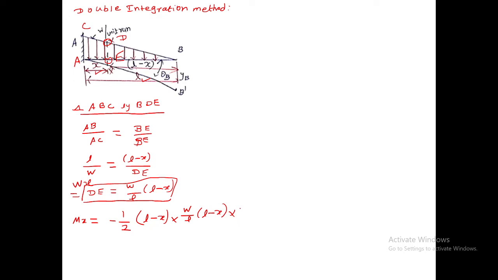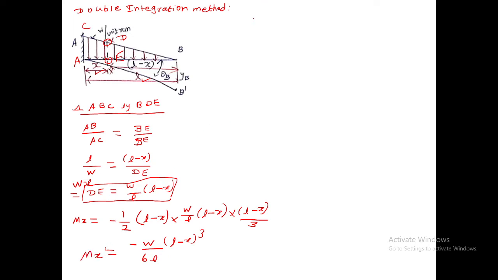The centroid point is L minus x divided by 3. Now multiply this. M equals minus W divided by 6L into L minus x whole cube. This is the bending moment at section XX.